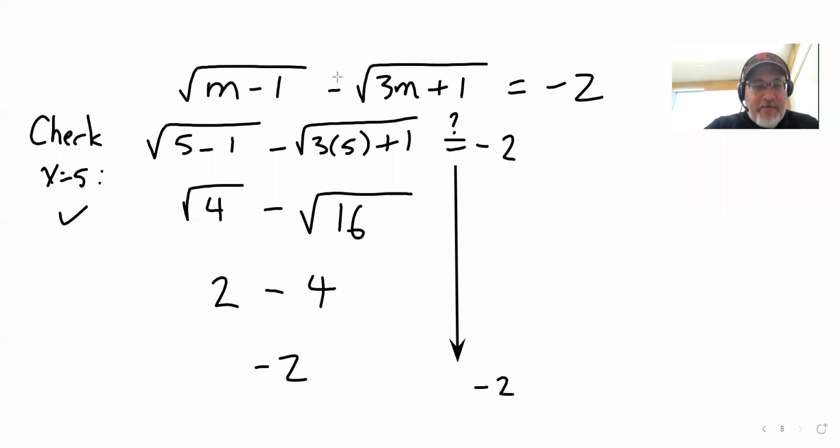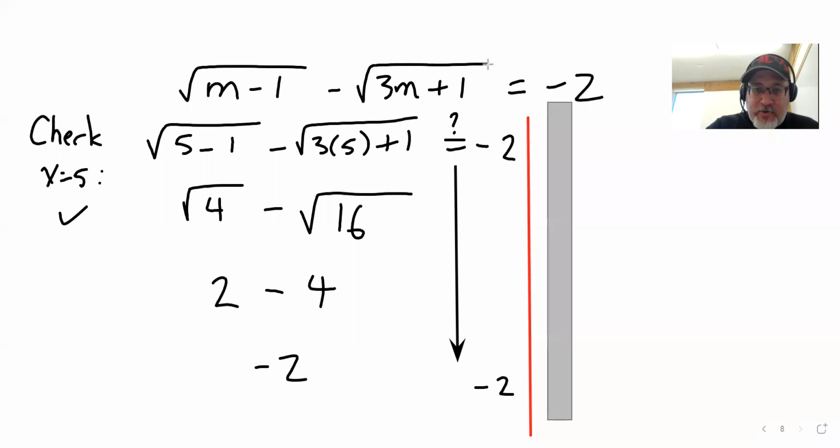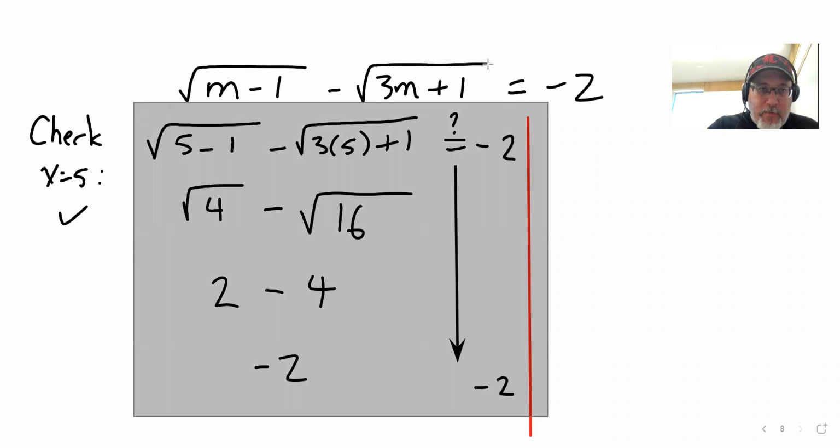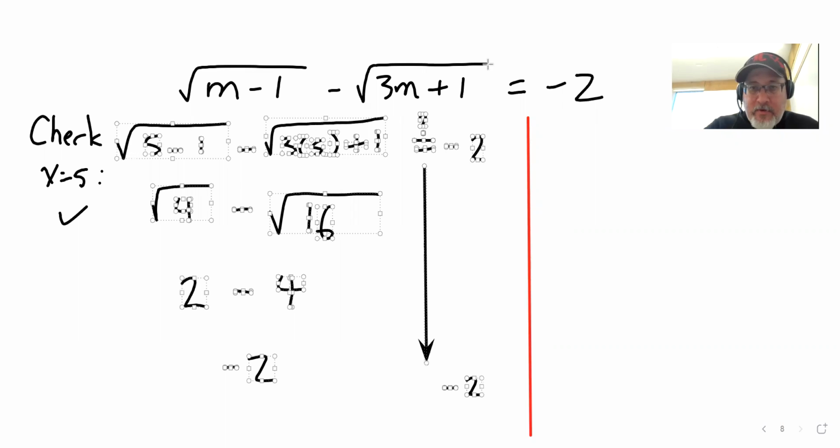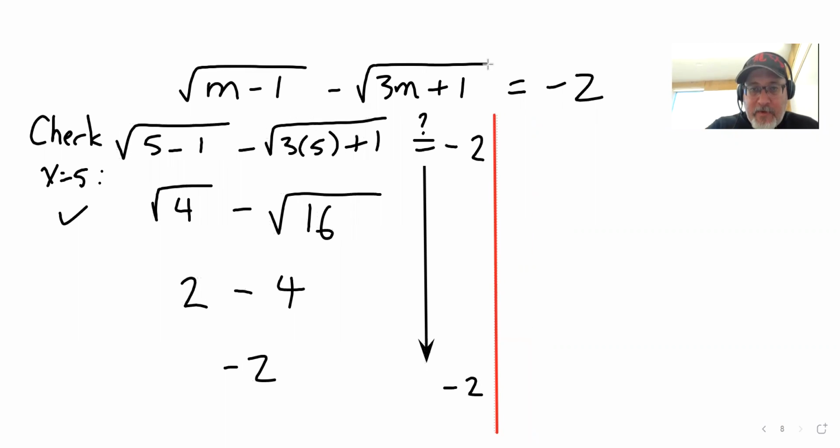All right, let's check it, and let's see if I can make it fit in the space that I have available. I might be able to move some of this over and make myself just a little bit of room. Emphasis on the word might. Let's see if that'll work. I didn't grab the line, but there we go. Okay, I kind of made some room. All right, let's check the other one. We're checking x equals 1.